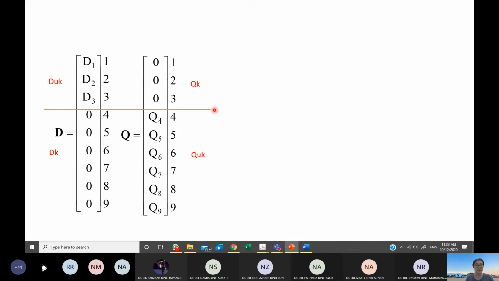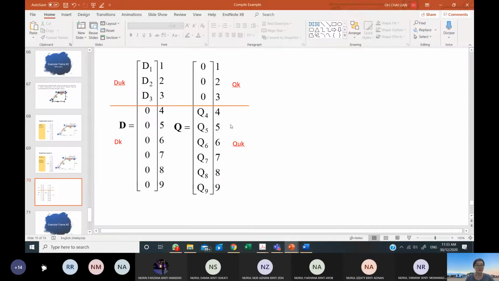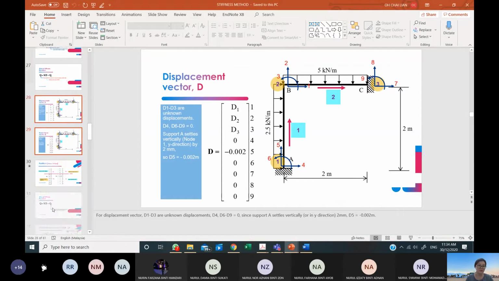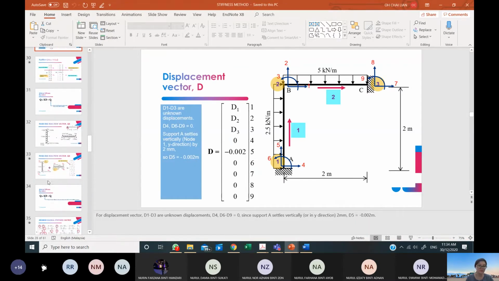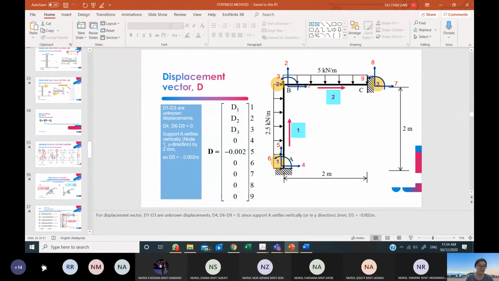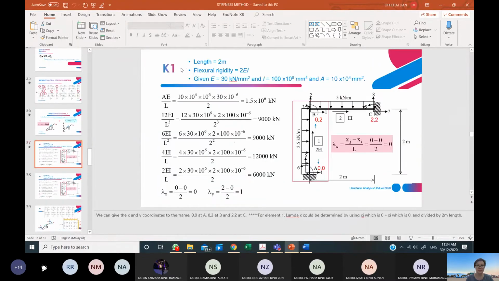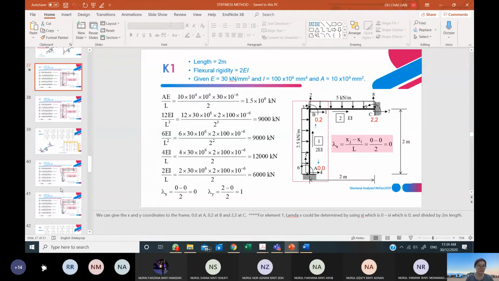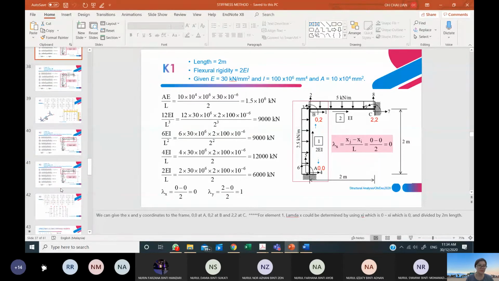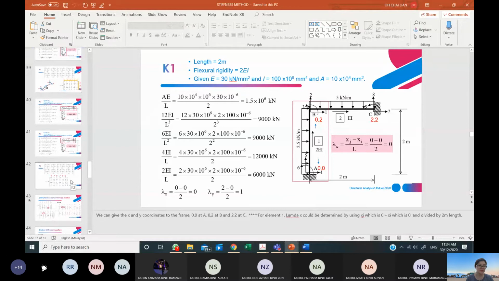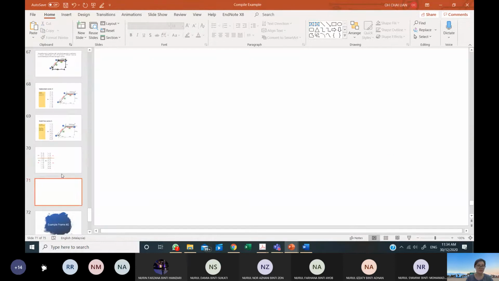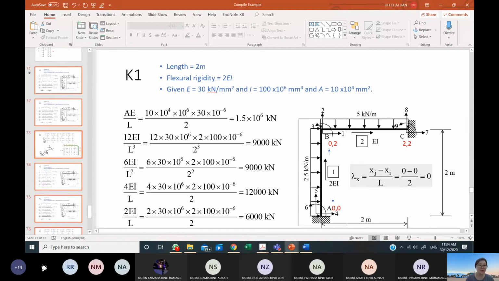Okay, so next we are going to continue with putting the member stiffness matrix and structure stiffness matrix. So let me arrange this. Please get ready with your appendix right now.